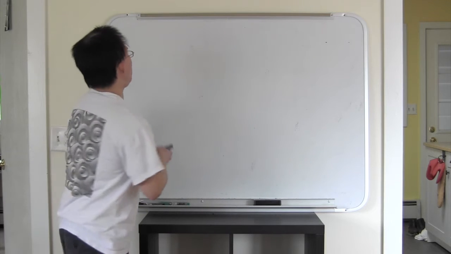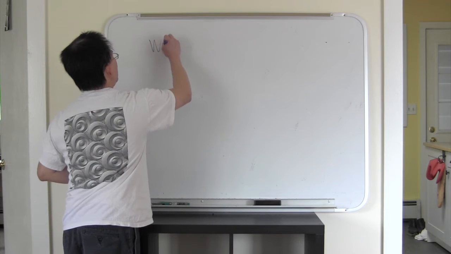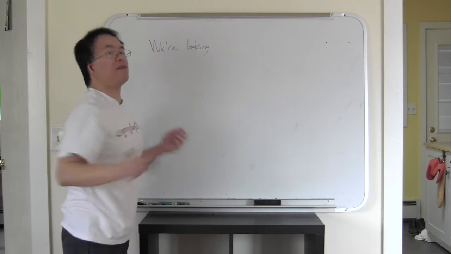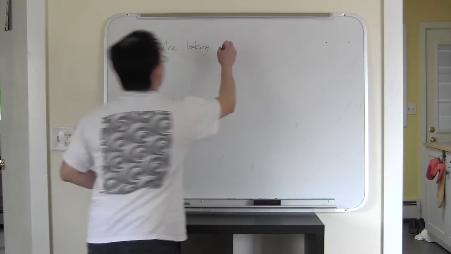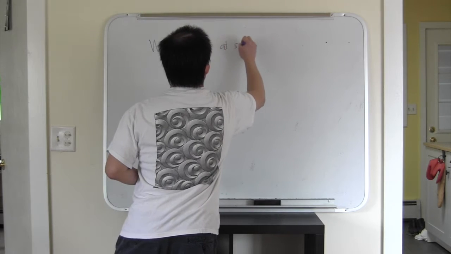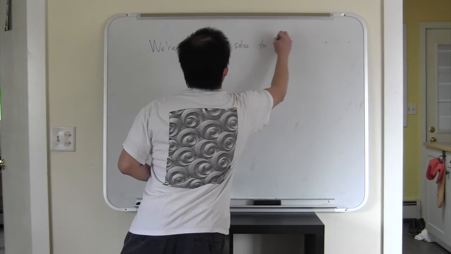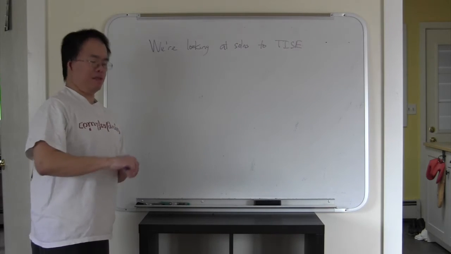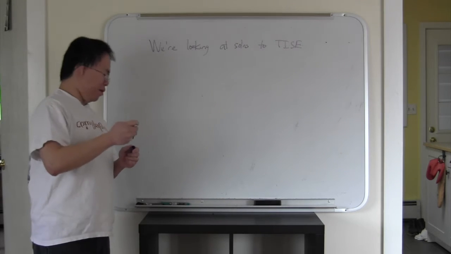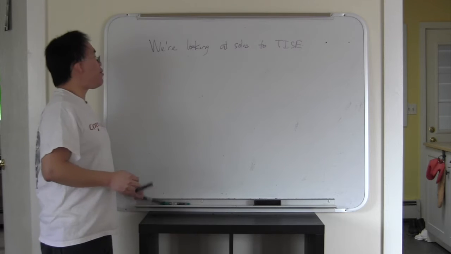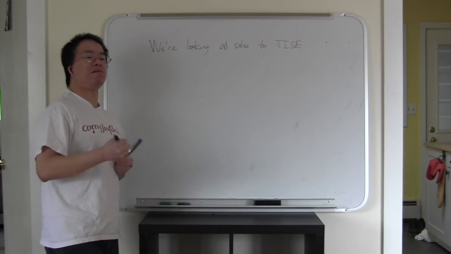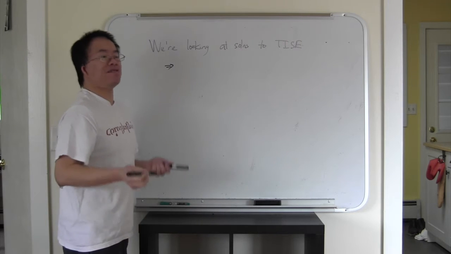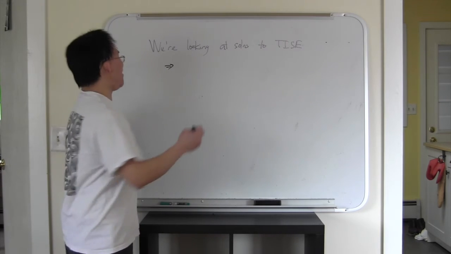Namely, we're looking at scattering state solutions to the time-independent Schrödinger equation. I think I need to get a new marker, but we're looking at solutions to the time-independent Schrödinger equation that have definite energies, or in other words, they're energy eigenfunctions.